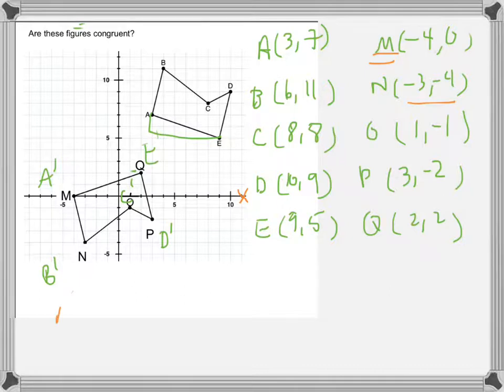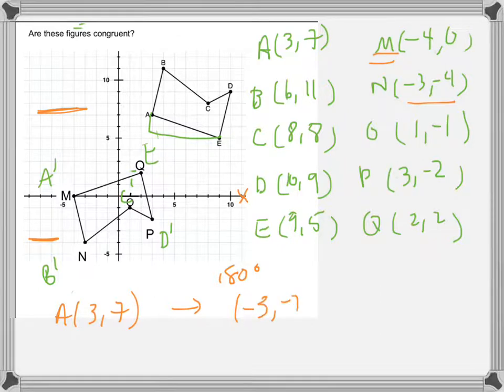If I rotated A 90 degrees, it would become in this quadrant. Let's rotate it 180 degrees. A 180 degree rotation would get me -3, -7. And then if I wanted to get onto -4, 0, maybe I could translate it.